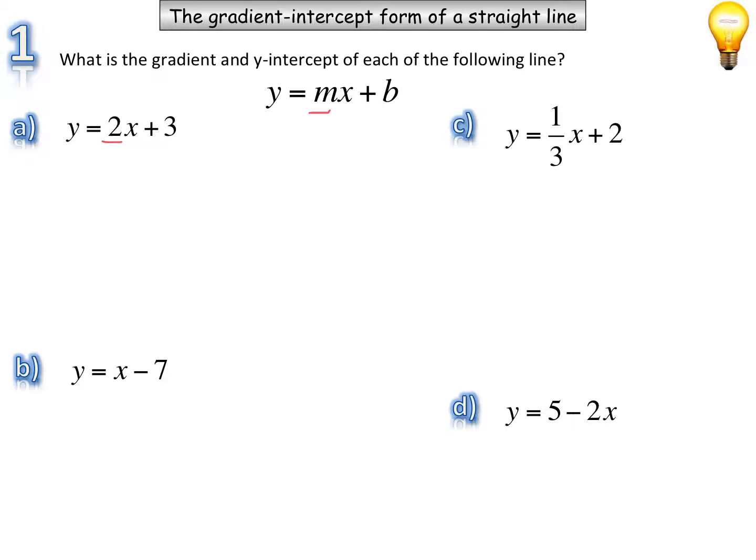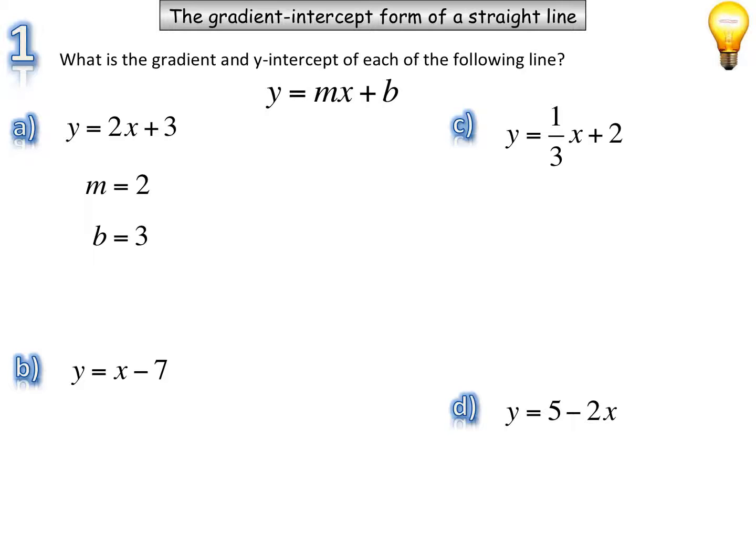The coefficient over here is 2. So we can say that m is equal to 2, and the constant term on the end, the positive b, is positive 3. So we can say that b equals 3.